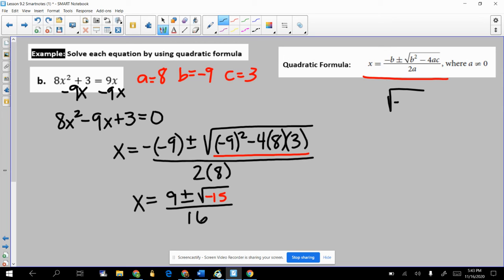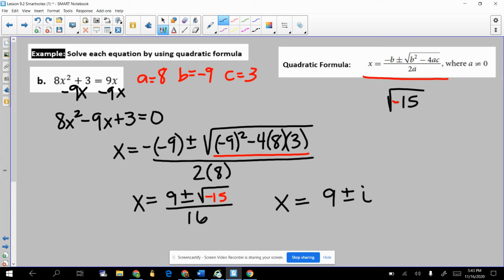But if you remember from what we talked about the other day, we cannot have this negative under the radical, okay? That is what's called an imaginary number. So we do need to rewrite this and say, okay, x now equals 9 plus or minus, and remember that's when we take out our i and put it in front.